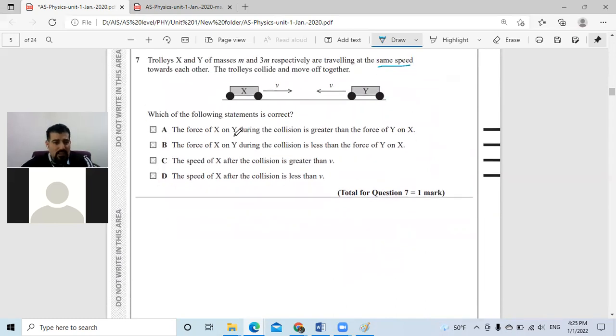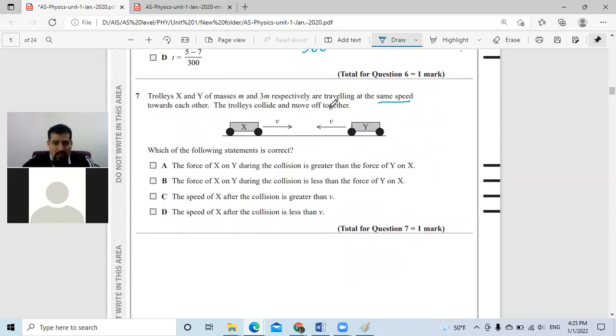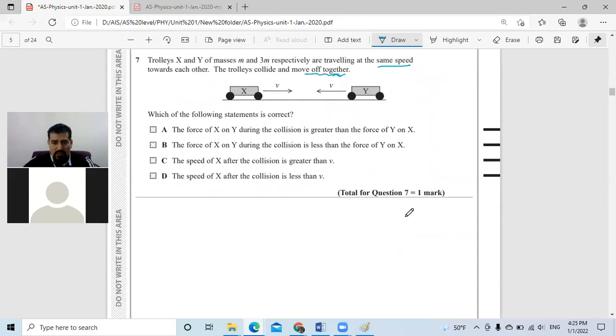Okay, they collide and move off together. As they collide, we are going to say about x, y, m, u, and v. They have the same v. This is m here and here 3m. Here they have the same speed v and v.